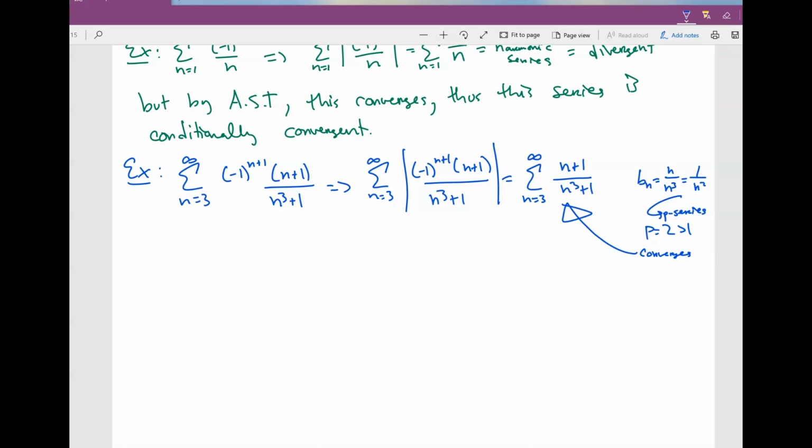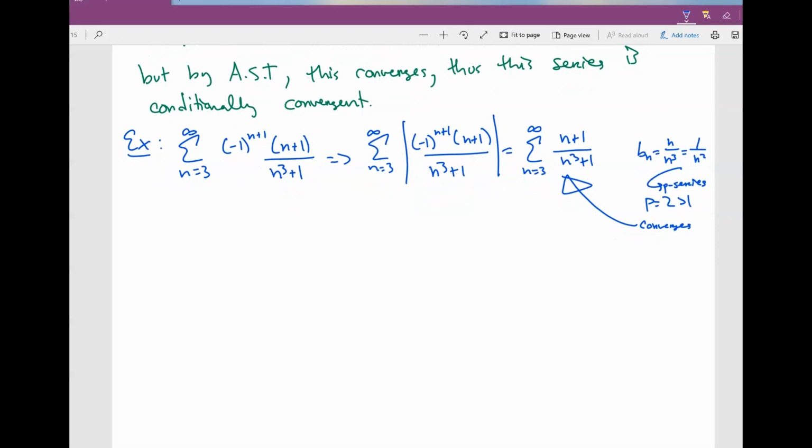Now, if that still is not believable to you, you can always use a limit comparison test. So c is equal to the limit as n goes to infinity of n plus 1 over n cubed plus 1, and multiply this by the reciprocal of b sub n, which is going to be n squared over 1.